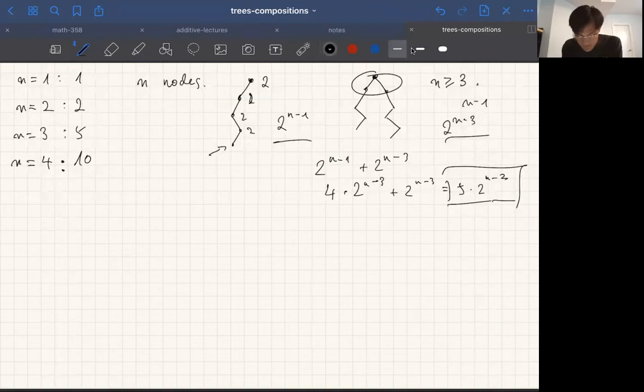So when n equals 1, this is not going to be right. I made a mistake. Again, we're assuming that n is greater than or equal to 3, so it doesn't even work for n equals 1. For n equals 2, that's correct.